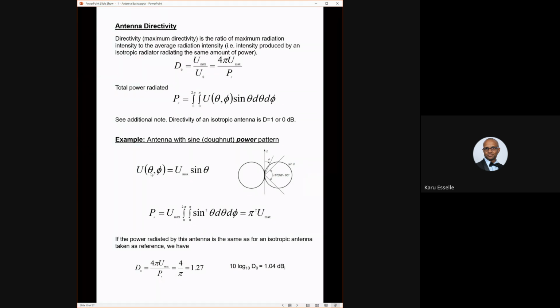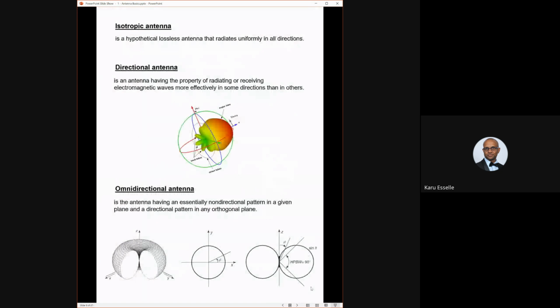These are the two angles in the spherical coordinates. So that means an omnidirectional antenna, like the one you see here. When you plot it against phi, it is a circle. When you plot it against theta, it's more like some sort of a donut.